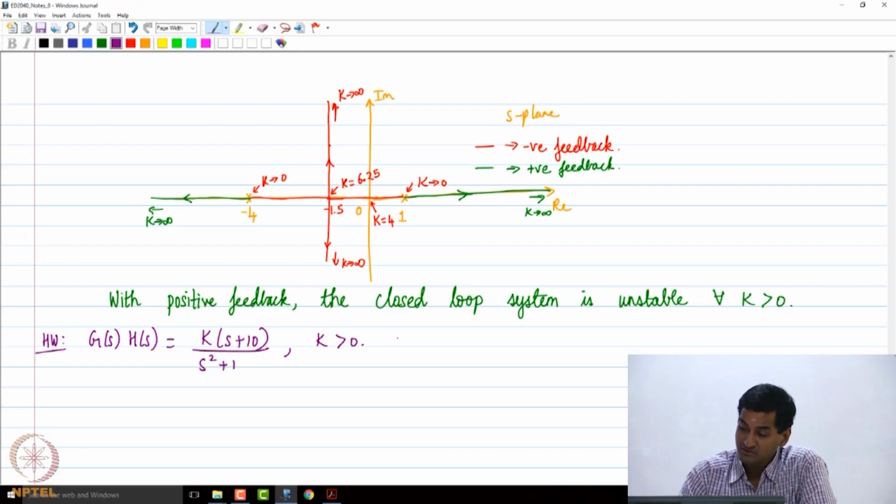Plot the root locus in the case of positive feedback.